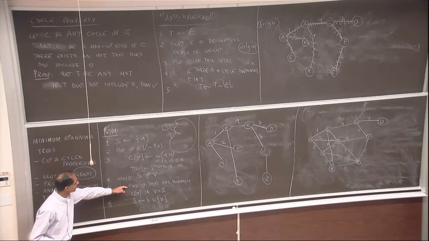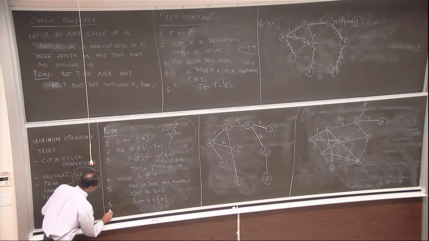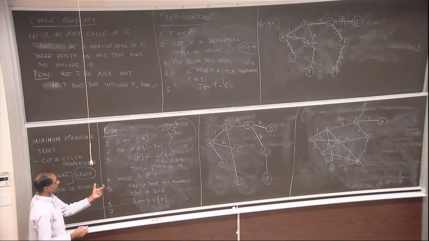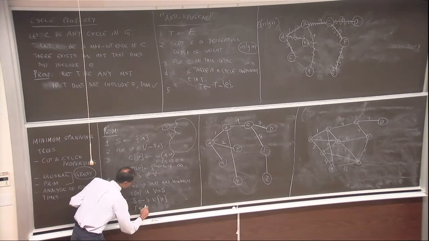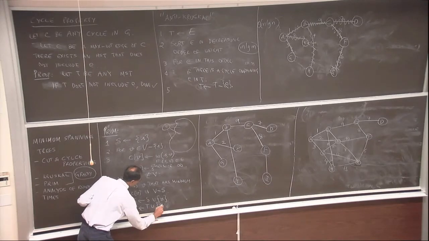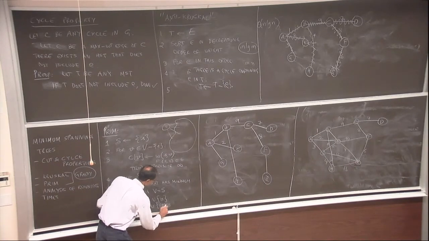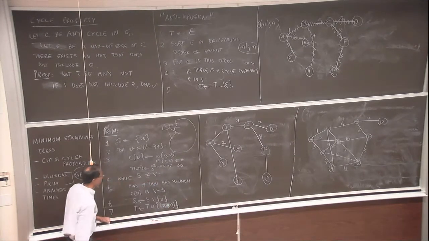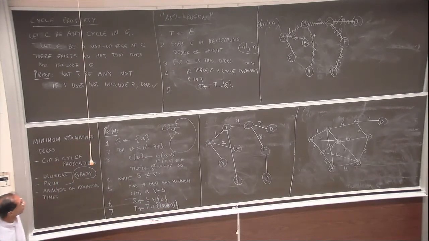So find V that has minimum CV, add V to S, and then add the edge between pi V and V to T. Okay, so we have added the edge from pi V to T. There is one more step that needs to be done. I will put that in a moment.